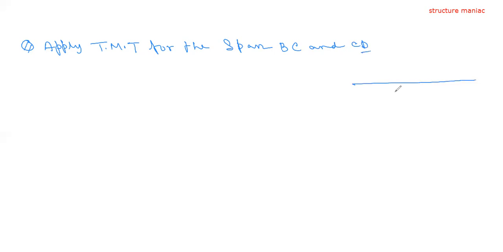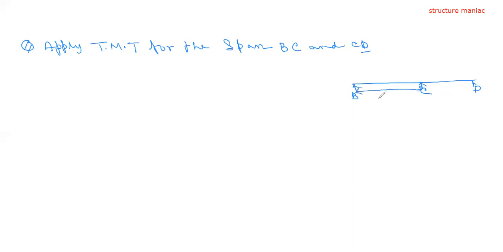So write it down. Apply three moment theorem for the span BC and CD. So BC and CD, B, C, D, right?